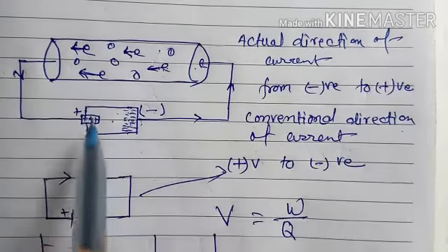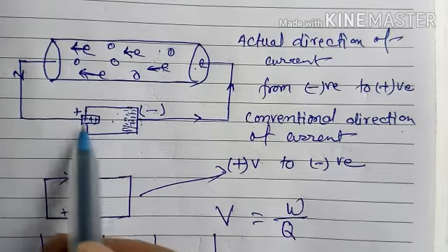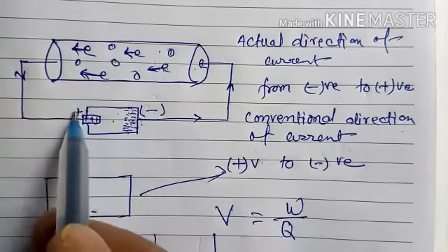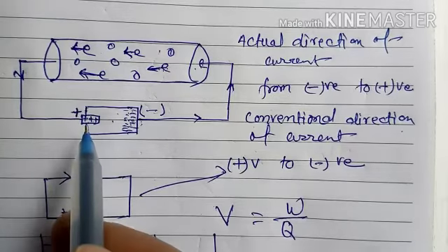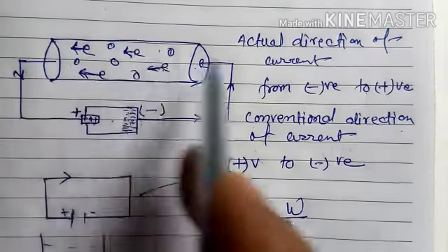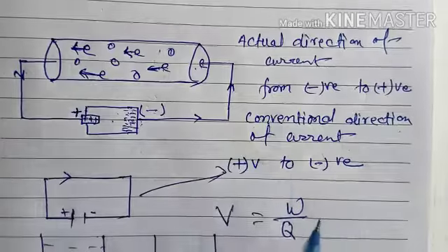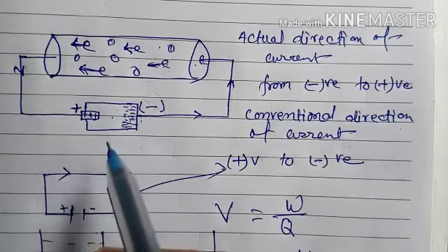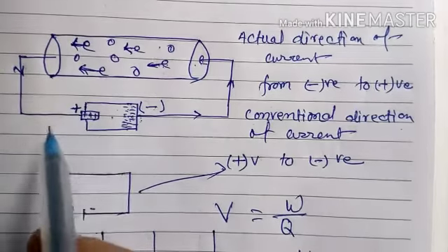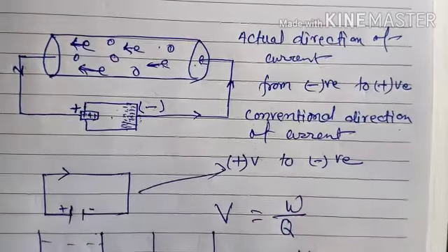At that time, when the cell was discovered, positive was assumed as the higher level, and from this level it moves toward the lower level, as we know, in any condition, whether temperature or pressure, things move from higher concentration to lower concentration.